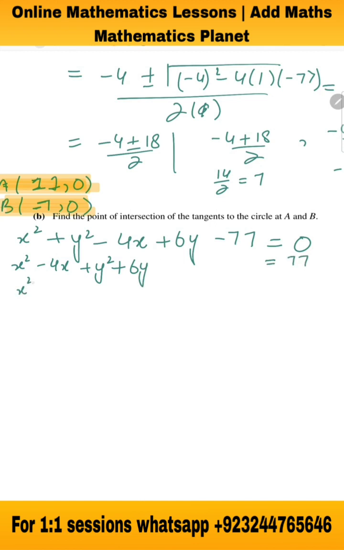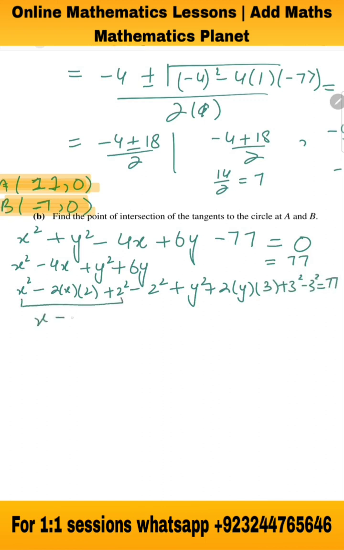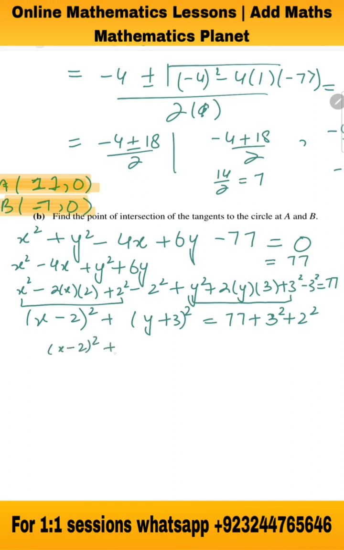Using a square minus 2ab plus b square, which gives (a minus b) whole square, we get (x minus 2) whole square plus (y plus 3) whole square, which is equal to 77 plus 2 square plus 3 square. After doing it, we get (x minus 2) whole square plus (y plus 3) whole square equal to 90.